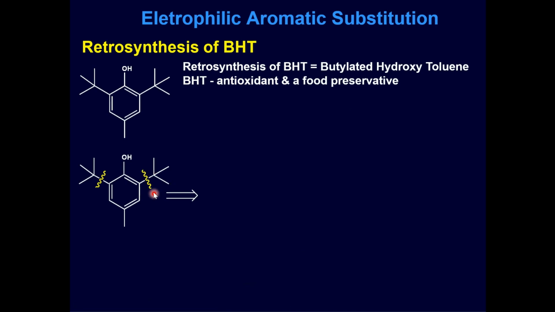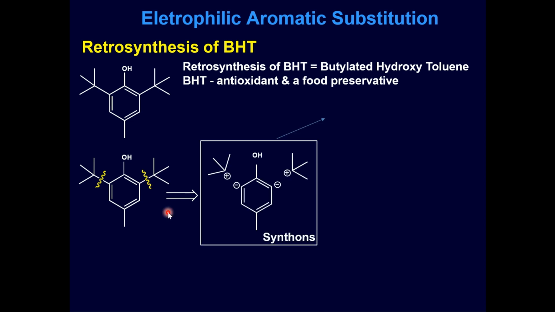I break the molecule at this tertiary butyl and benzene junction and I get synthons. It is sensible to assign a minus charge to the benzene ring as it is electron rich and a positive charge to the alkyl ring system.